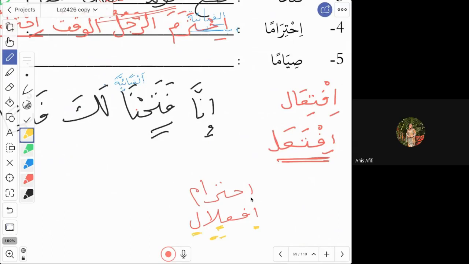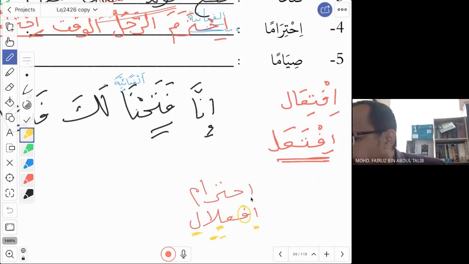We have fa, the original letter, and ain, the original letter. But what happened to the lam? You have double lam. So when you have 2 lam, it means the fi'il is if'alla.